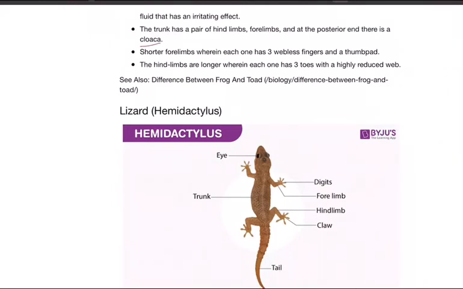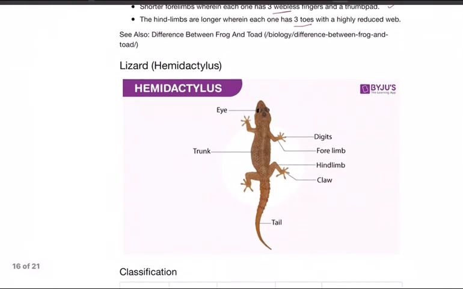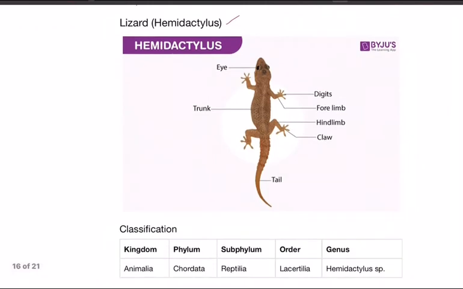The trunk has a pair of hind limbs, forelimbs, and at the posterior end there is a cloaca. Shorter forelimbs, each with 3 webless fingers and a thumb pad. The hind limbs are longer, each with 3 toes with highly reduced web. So you need to know the differences between frog and toad also.